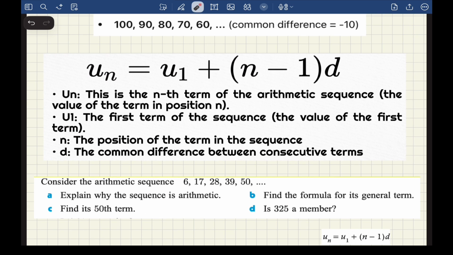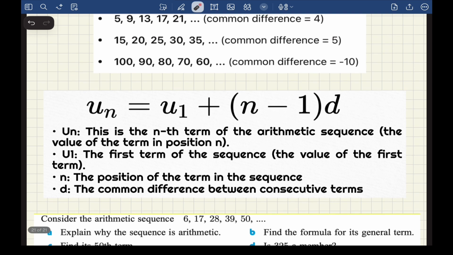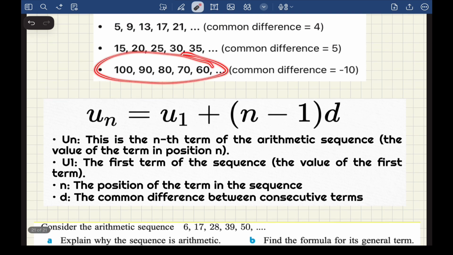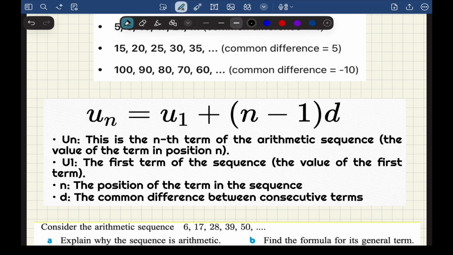Then we have a formula to find any number of the sequence, whatever you want. This means the number using the position n. At the very beginning, I was saying that every single number has a position, for example position 1, 2, 3, 4, and 5.